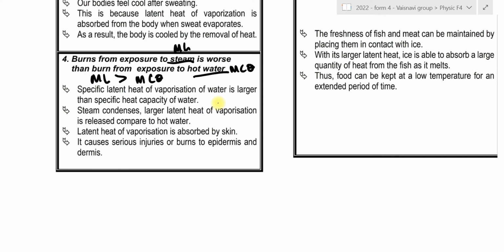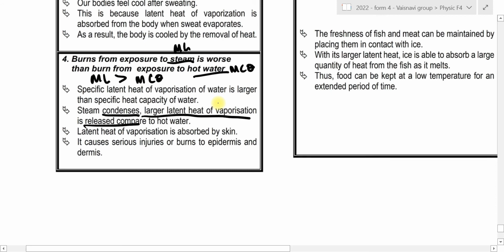Okay, this is because when the steam condenses, larger latent heat of vaporization is released compared to the hot water. So latent heat of vaporization is absorbed by the skin. It causes serious injuries or burn to the epidermis and dermis.